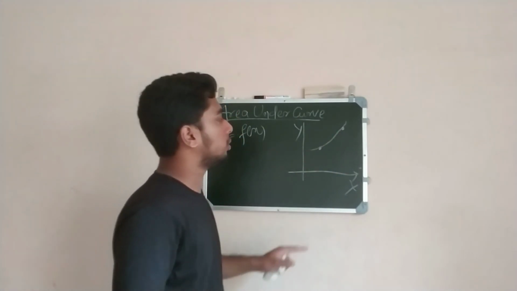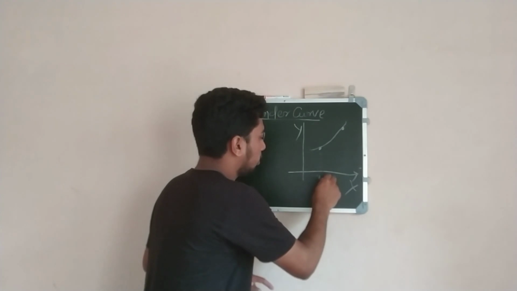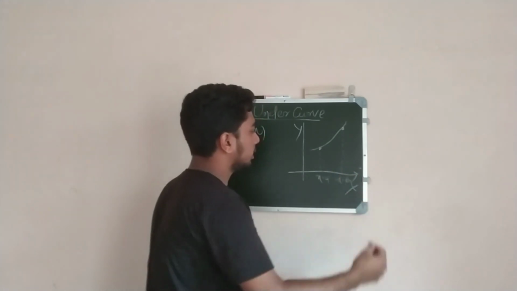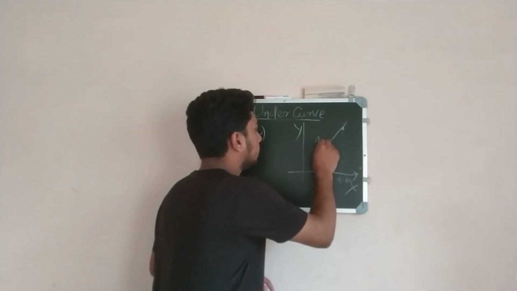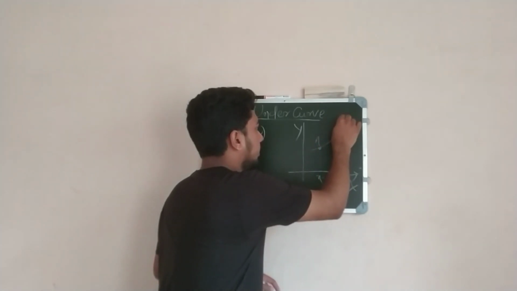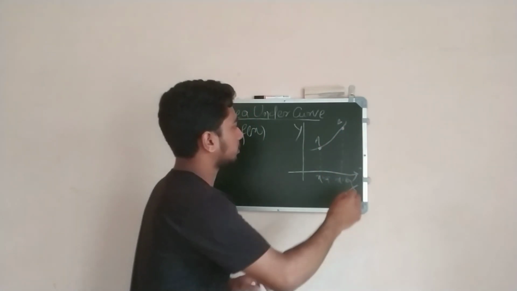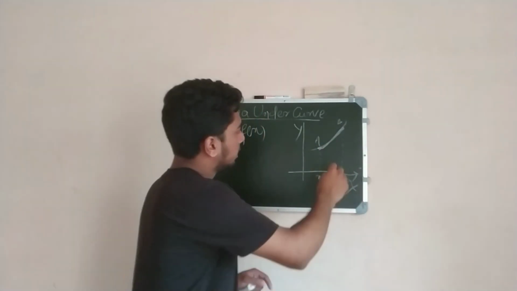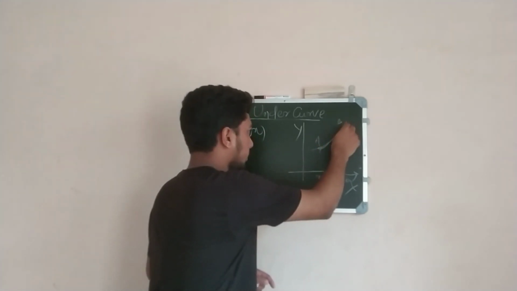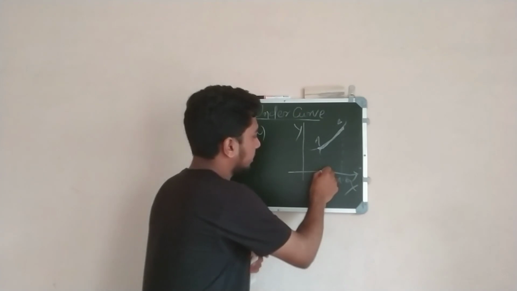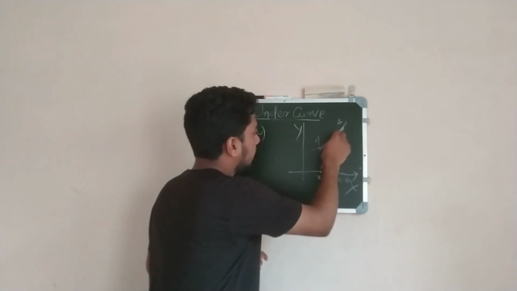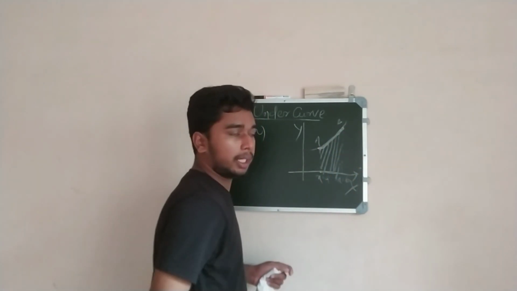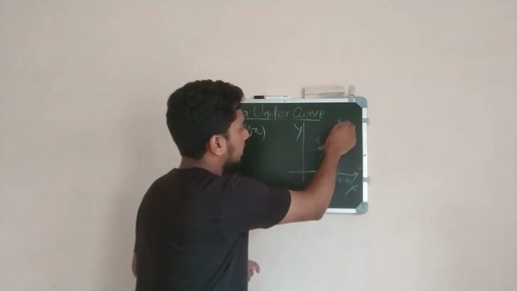This point is located at x is equal to a, and this point is located at x is equal to b, and I am naming this point A and this point B, and I want to know what is the area under this curve. Area under the curve means the region between this curve and the x-axis. This is our x-axis. So this is the area under the curve.